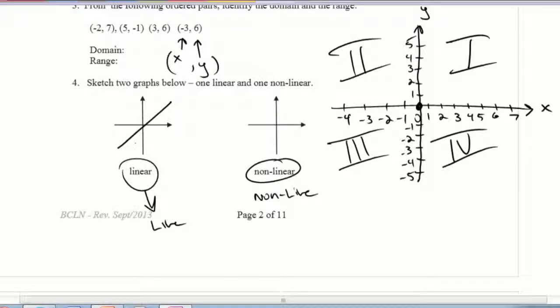There we go. So there's a line. Nonlinear would be something like that. So it's not a straight line. It has a curve to it. So if it has a curve, it's not linear. Which is kind of weird because it is a line, but it's not a straight line.